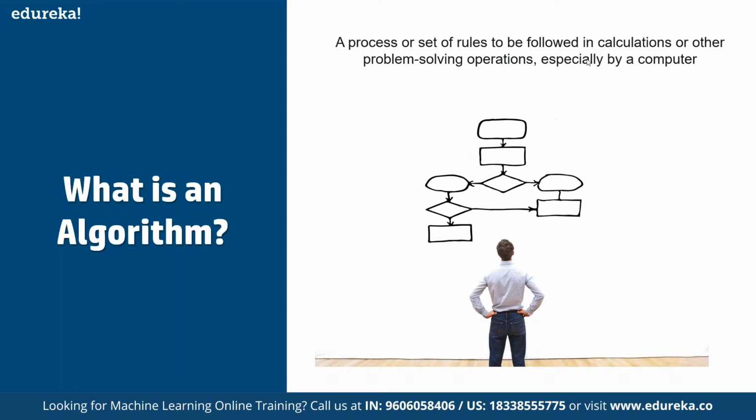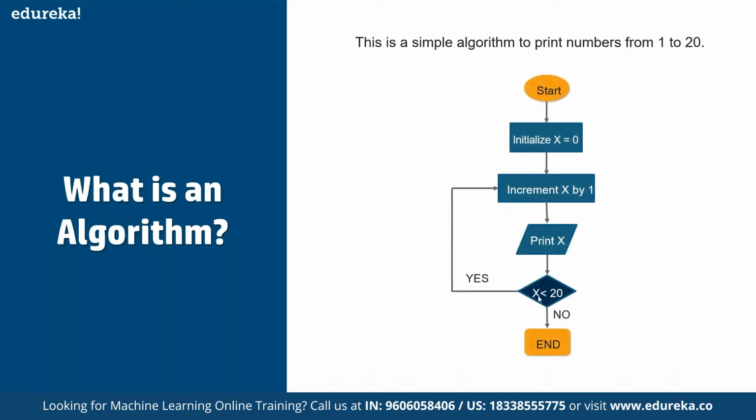So that is what we discuss: a process or set of rules to be followed in calculation in a given sequence. For example, if you want to print numbers from 1 to 20, first we initialize x to 0. Then we increment x by 1. Then we print x. Now, if the x value is less than 20, it again increments by 1 and prints x.